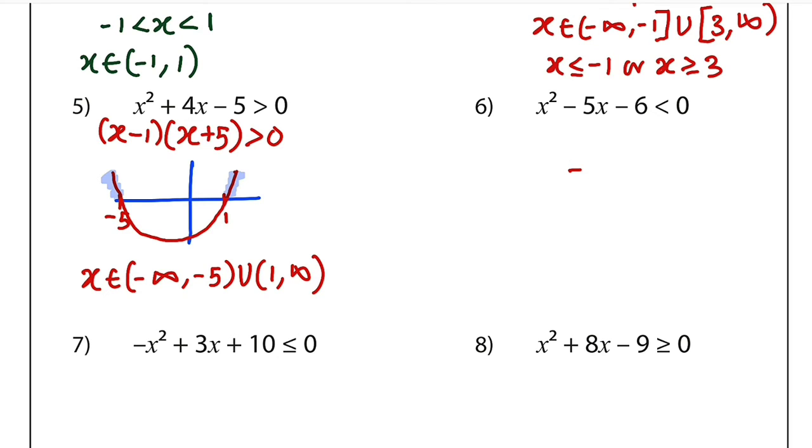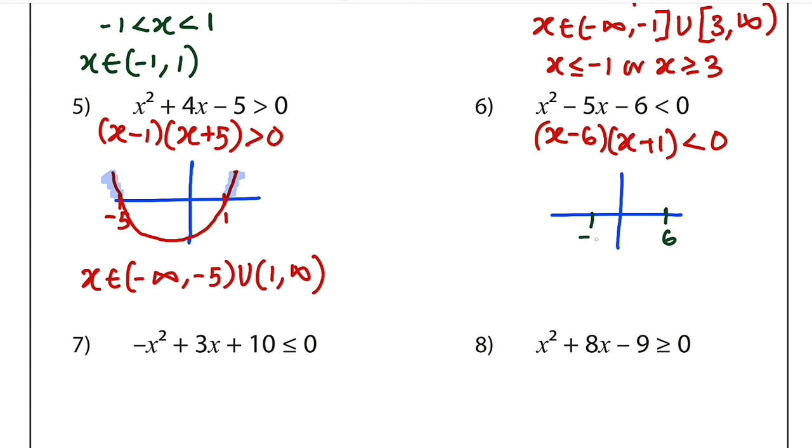So we can factorize it as x minus 6 multiplied by x plus 1 less than 0. So the graph would be like this, and the roots will be 6 here, then -1 here. Because if you set this to be equal to 0, x will be equal to 6, right? And x will be -1 here.